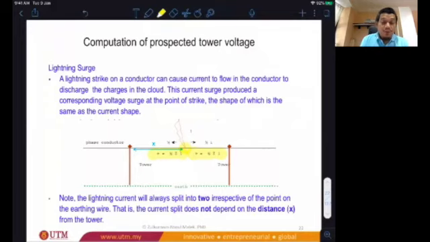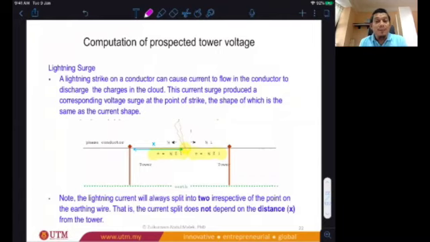Of course, when it reaches the tower, it will see a discontinuity, at the tower with the cross arm and so on. Is this an earth conductor or a phase conductor? Okay, phase conductor, doesn't matter. If it's a phase conductor, then you don't have discontinuity. You just see a line going through.